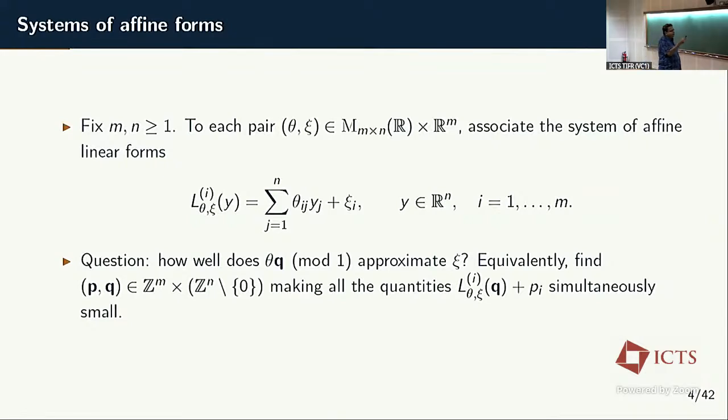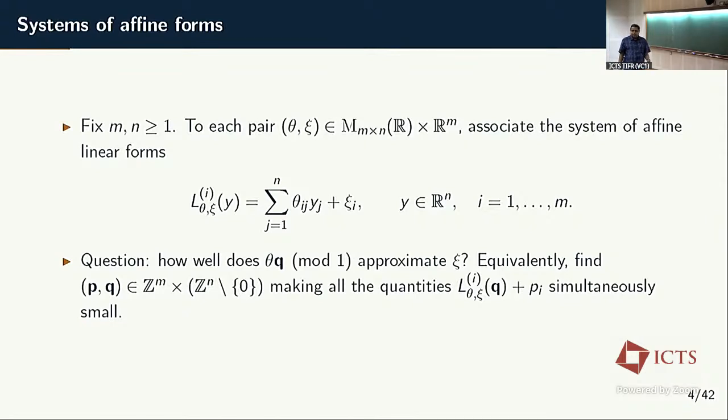And this pair gives rise to a system of affine forms. There are m affine forms. And now I want to ask the scaled up question, how well does theta q mod 1 approximate c? Equivalently, can I efficiently find a pair of integer vectors p comma q which simultaneously make all these linear forms small in value?